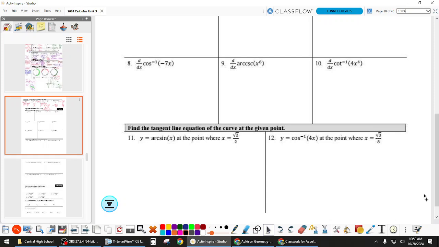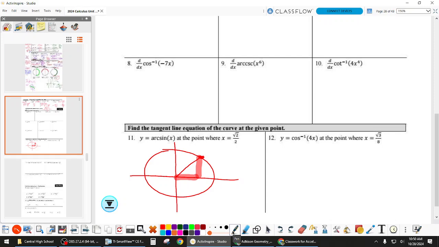It's going to be pi over 4. Pi over 4, yeah. So where they're equal to each other is right in the middle, those two lengths are the same. So pi over 4, good.